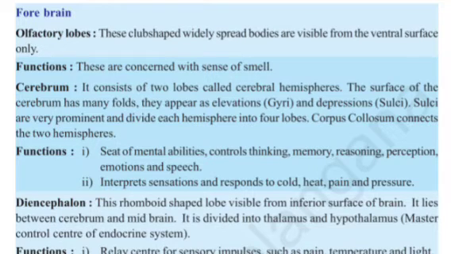The elevations are called gyri, and the depressions are called sulci. They help in the development of the cerebrum. This is the biggest part in the human brain.